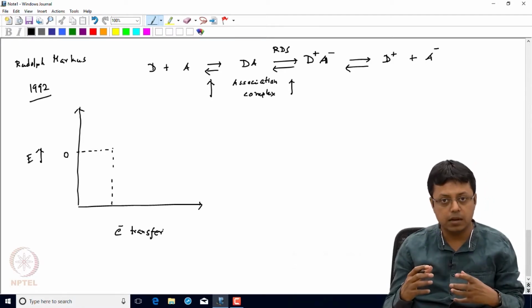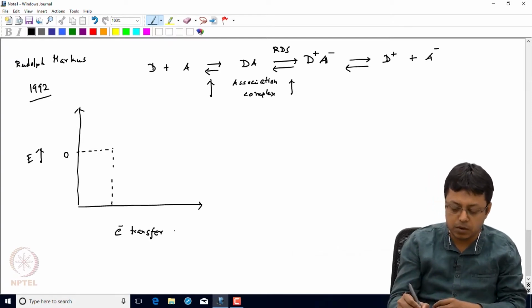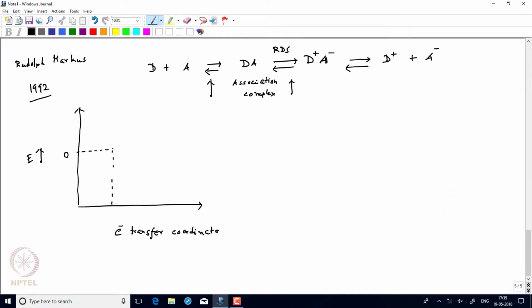This coordinate may be a combination of many vibrational degrees of freedom or vibrational modes. It may not be a single coordinate, but we are showing it as if it's a linear combination of these vibrational coordinates, which gives you an effective one-dimensional reactive coordinate, which is the electron transfer coordinate. And where the donor electronic energy is minimum, I call that position, say, 0.